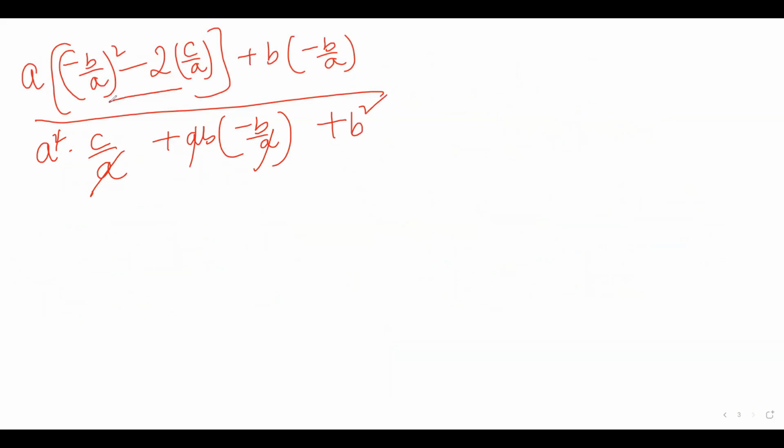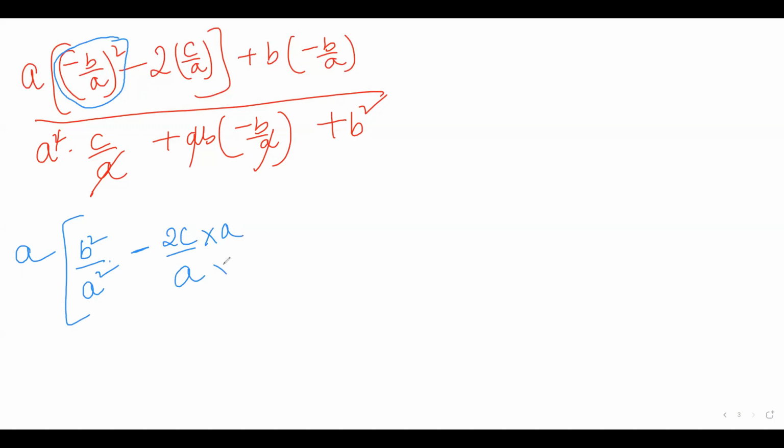Here LCM is needed. Outside I'm having a. When I square, minus will disappear. I will get b square by a square, minus 2c by a.